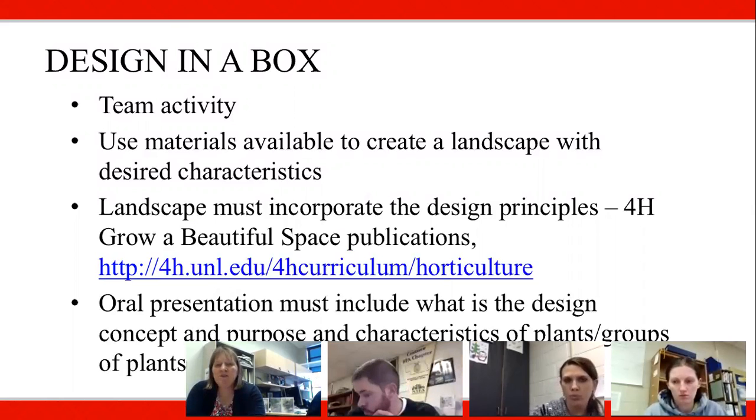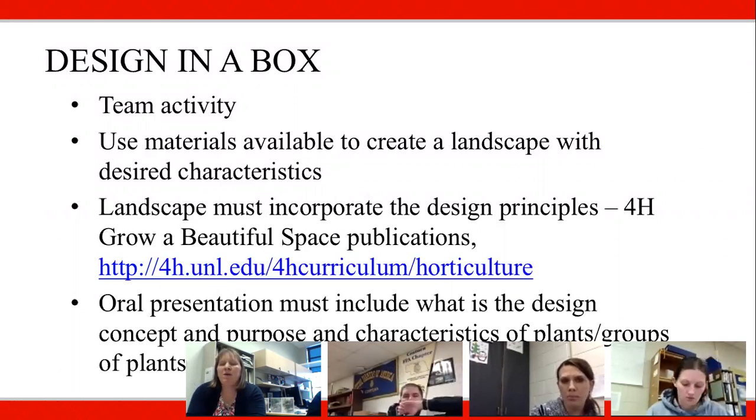But what we wanted to do is have students work through the process without specifically naming plants, stopping at the preliminary design area where you're talking about plants and reasons why they're used in the landscape.